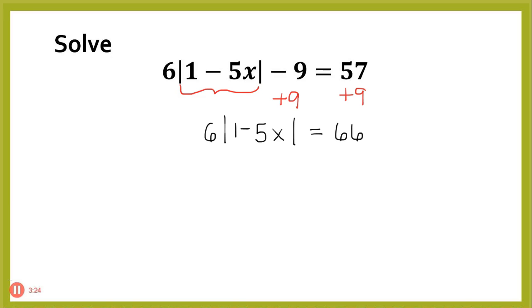And then I'm going to divide by 6. So the absolute value of 1 minus 5x equals 11.